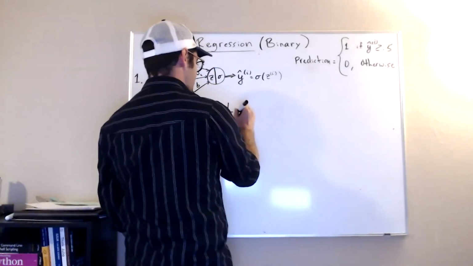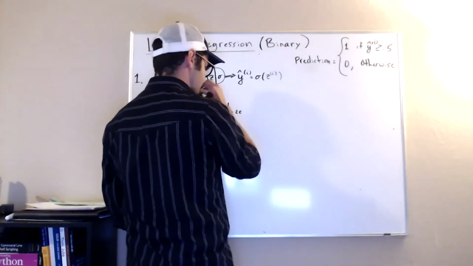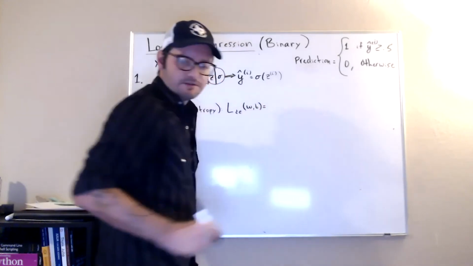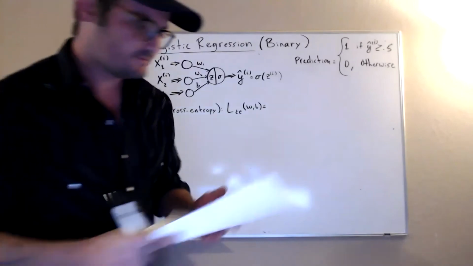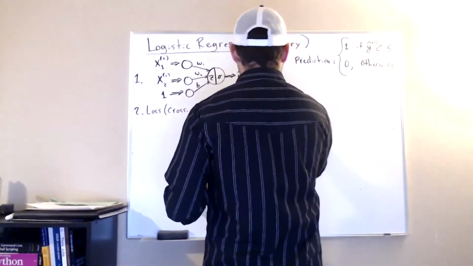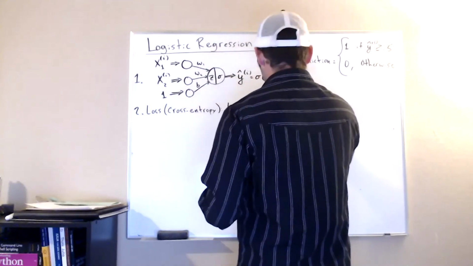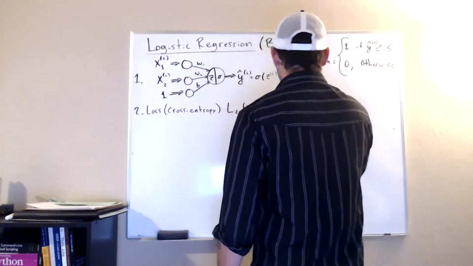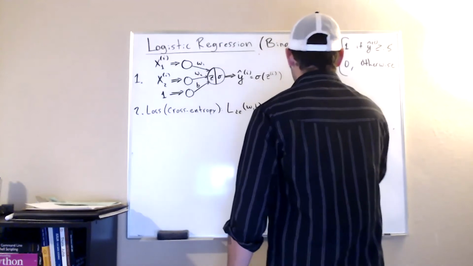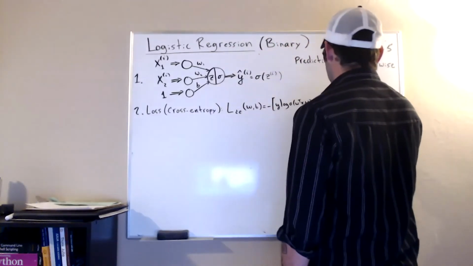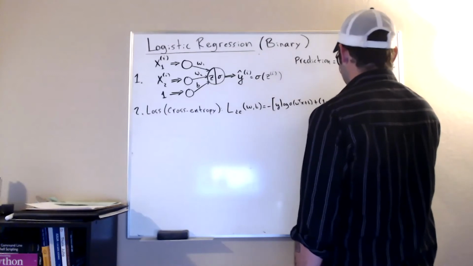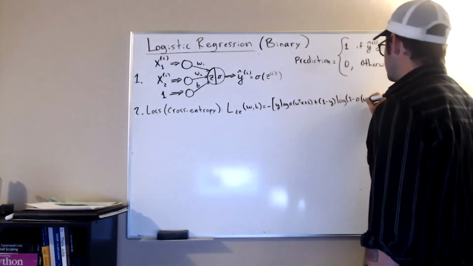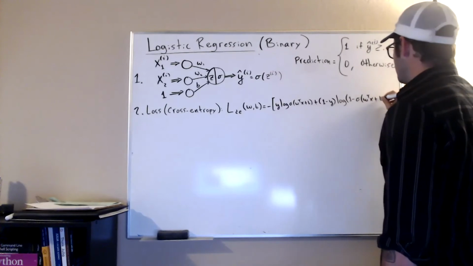So loss cross entropy of W, B: minus y times log sigma of W transpose x plus b plus 1 minus y times log of 1 minus sigmoid applied to W transpose x plus b.